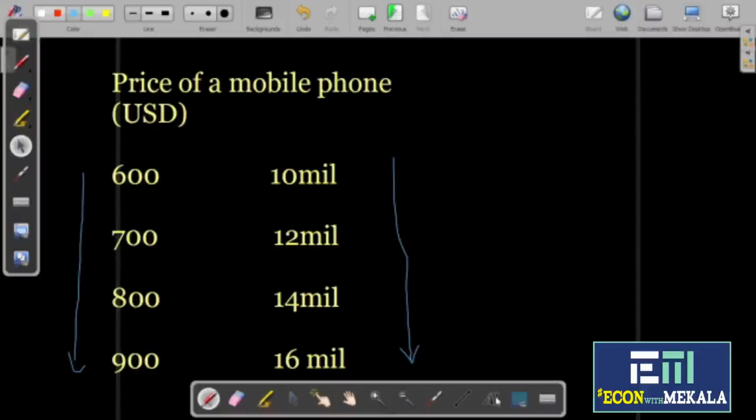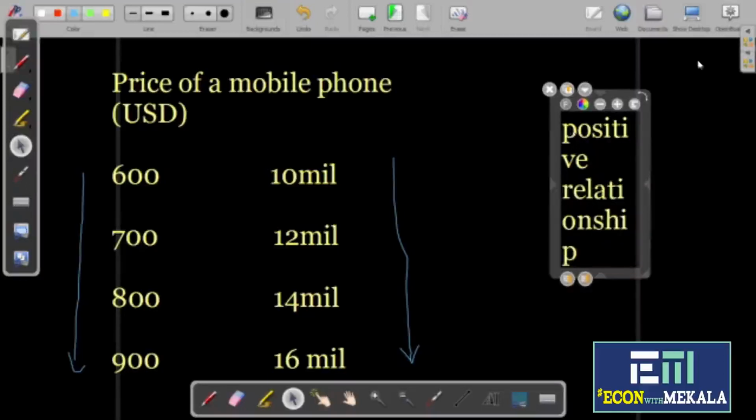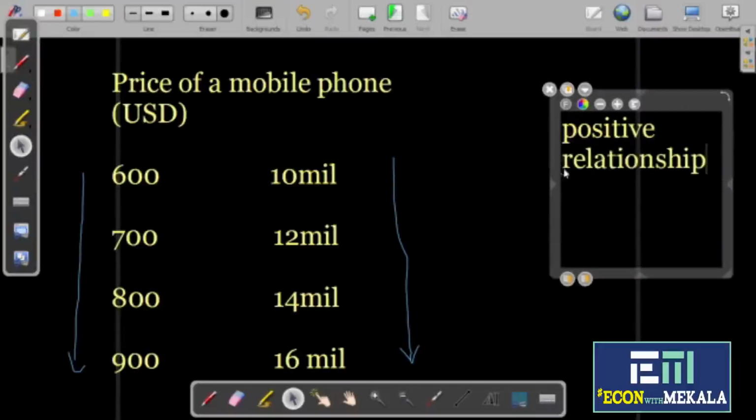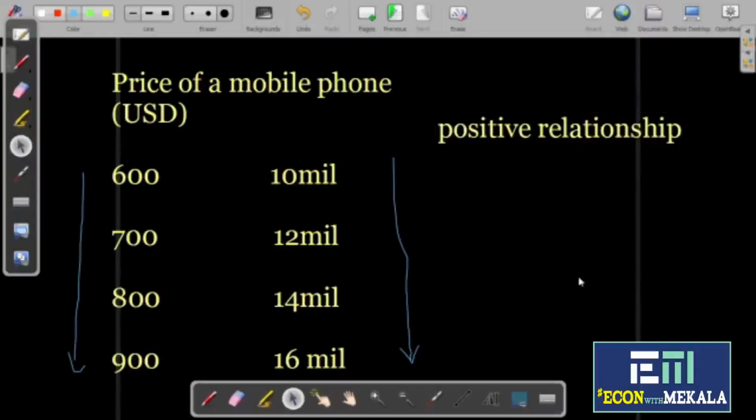This kind of relationship we call a positive relationship. Price and quantity supplied have a positive relationship. So in simple words, we call this the law of supply.